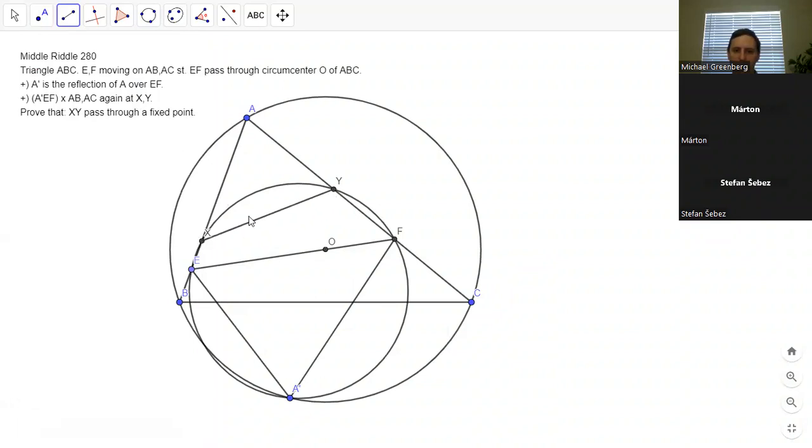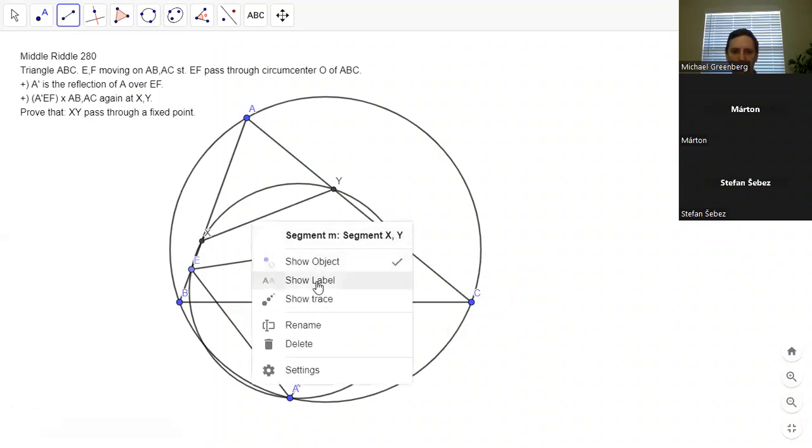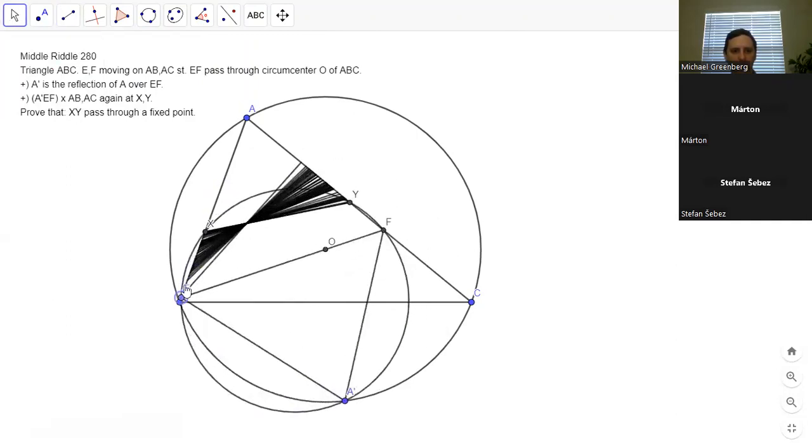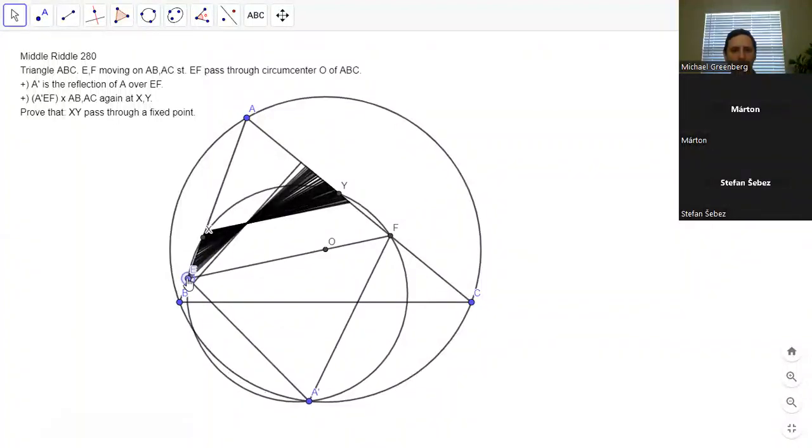So if I show the trace of this, then we're saying as I move E and F around, it passes through a point. And I wonder if that point is just the orthocenter. It looks like it.